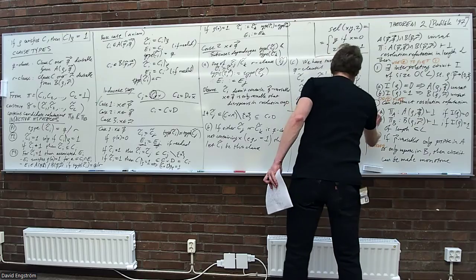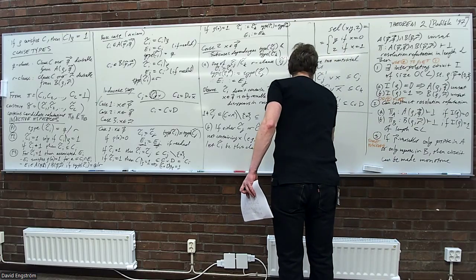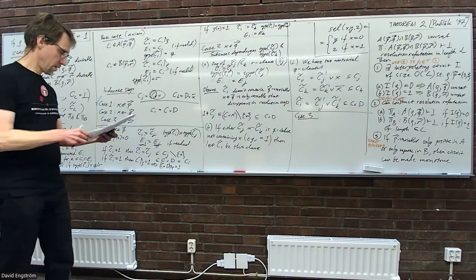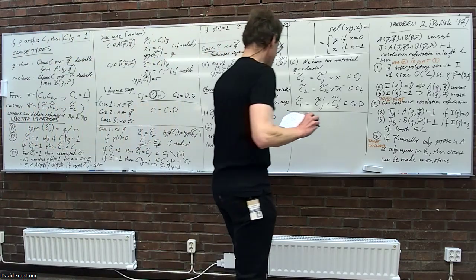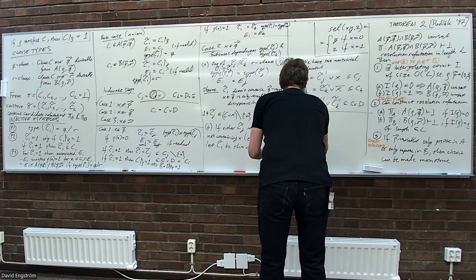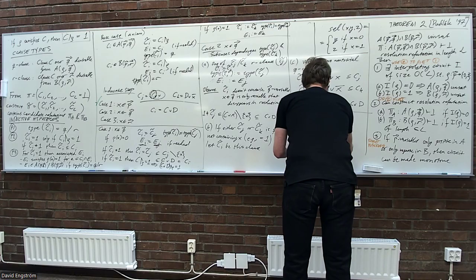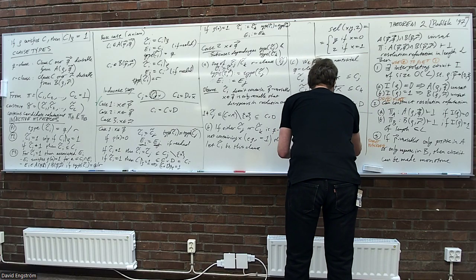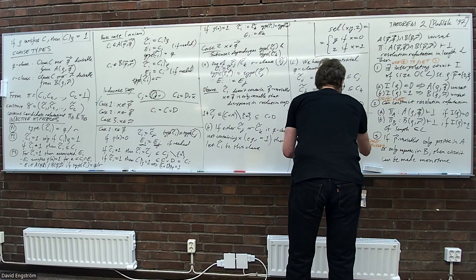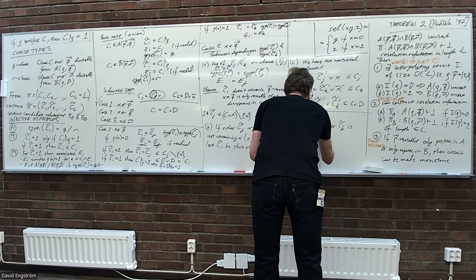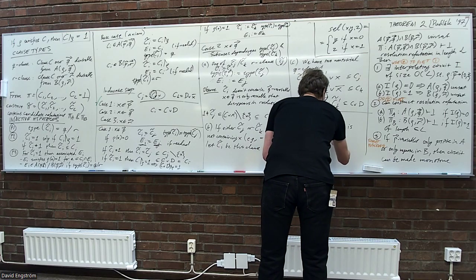I mean, we need to do case 3, but it's completely symmetric. So let me just tell you what we do. Case 3 is going to be if one of Cj tilde or Ck tilde is an R clause, copy from that clause.